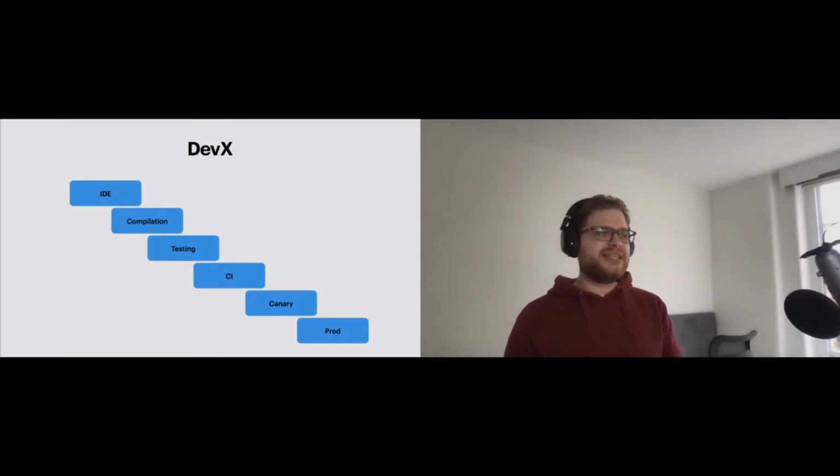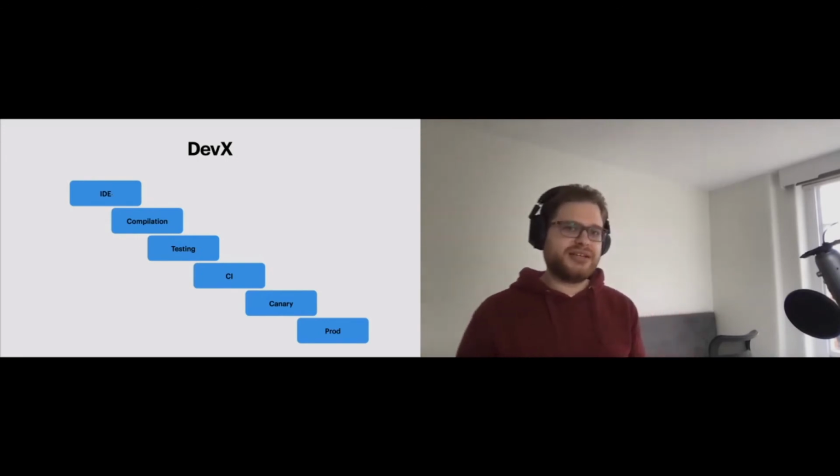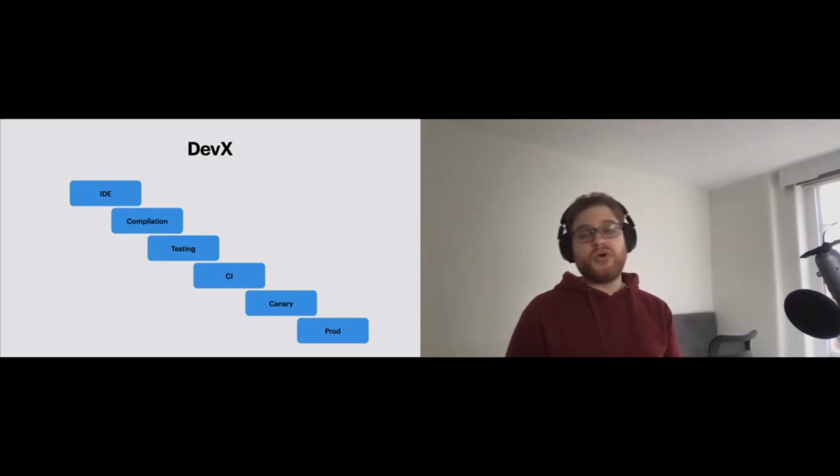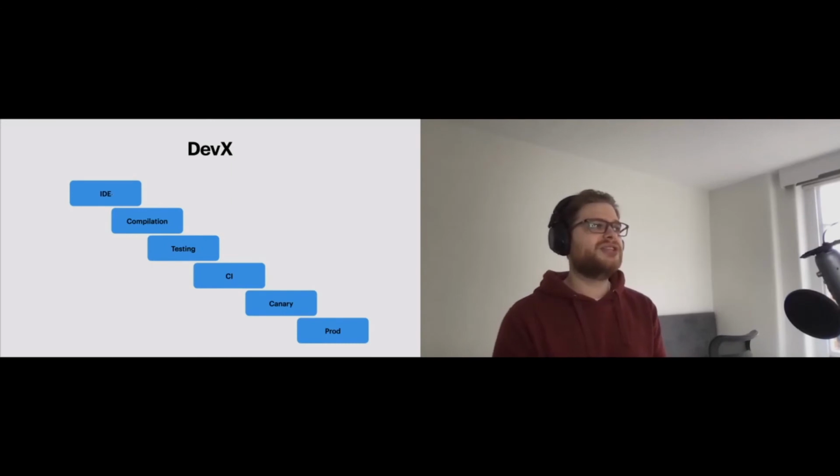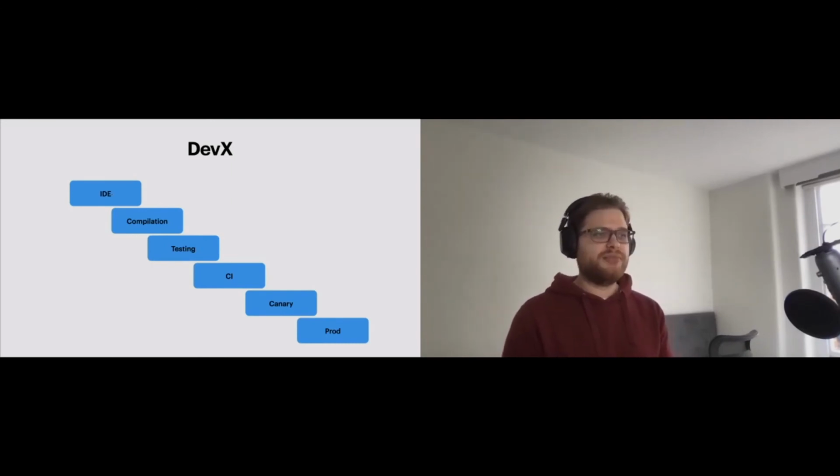If they get this information 3 hours later from a CI system, or even from a production node crashing, they have to go through many more steps to refresh their memory of what they were doing, where this code lives, and analyze the logs to see why things are crashing and not going as they should. So it takes much more time to fix the issue, and it's a much more frustrating experience for the developer.